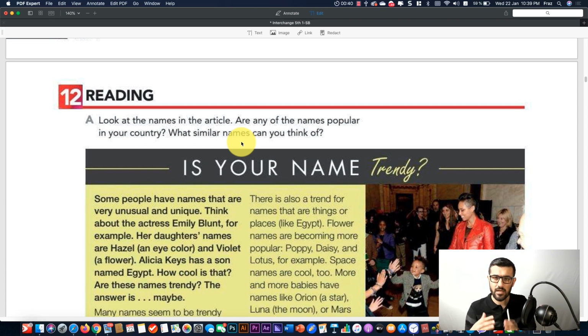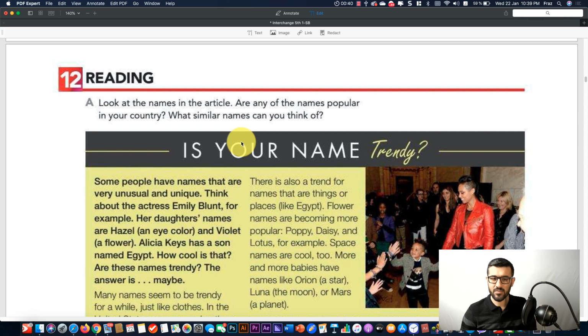In fact, it adds to the overall learning process. So we have: look at the names in the article. If you can read with me, please. Are any of the names popular in your country? What similar names can you think of?